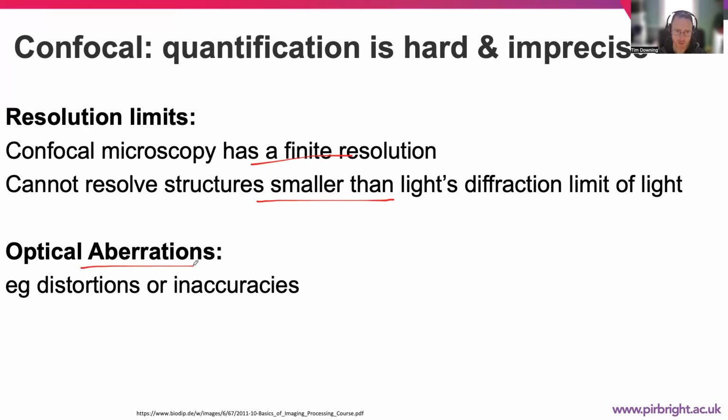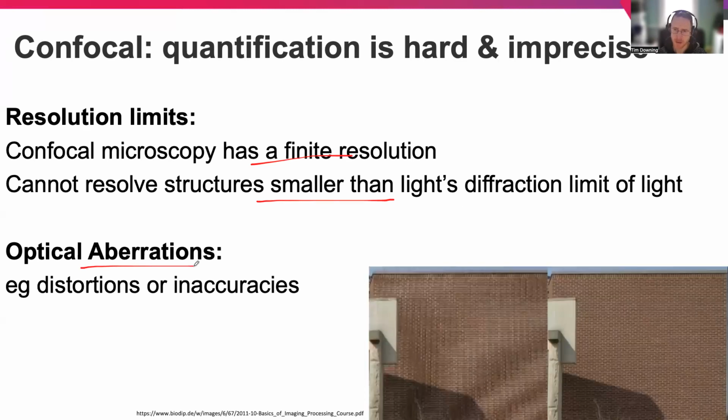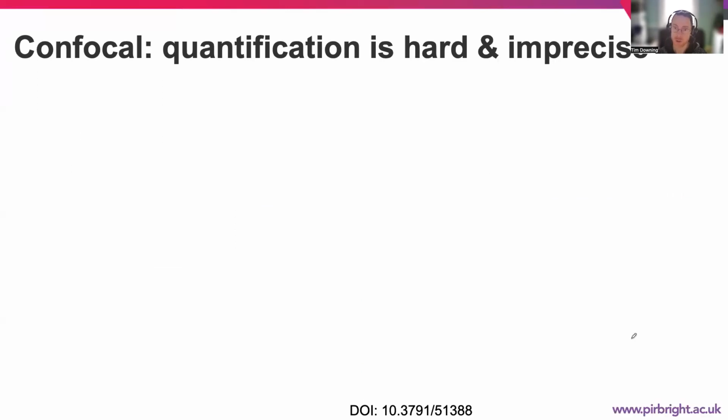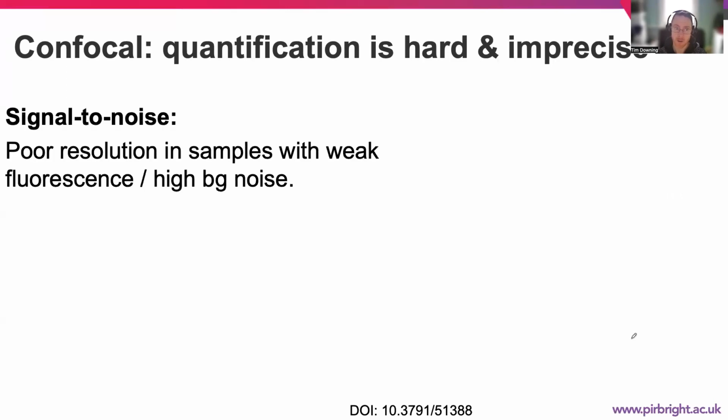We may find there are optical aberrations, distortions, inaccuracies, this kind of warping effect that you might get with certain images. The signal to noise ratio will vary as well.